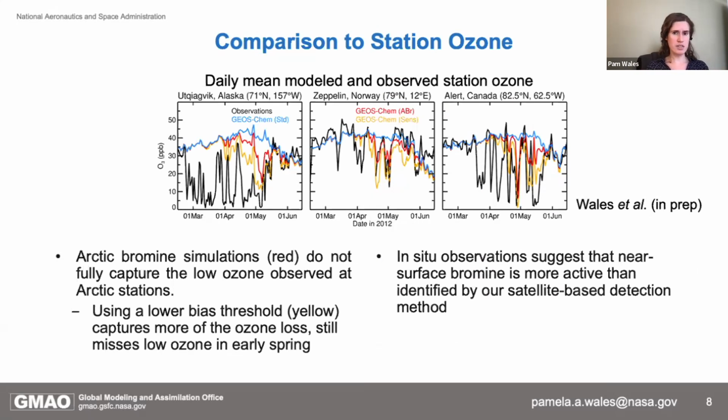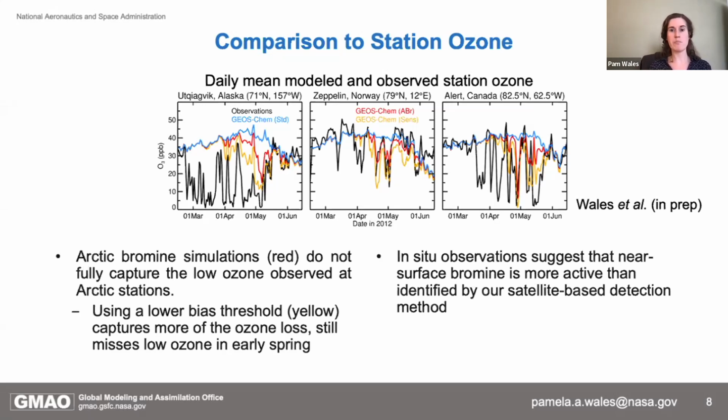Our simulations are very sensitive to both the background amounts of BrO as well as the bias threshold that we're using. It's a catalytic destruction of ozone, involving a self-reaction between 2 bromine monoxide molecules, so we get a nonlinear response as we increase bromine. So we tested dropping our bias threshold to 2 times the standard deviation.